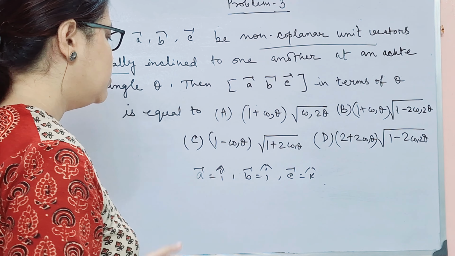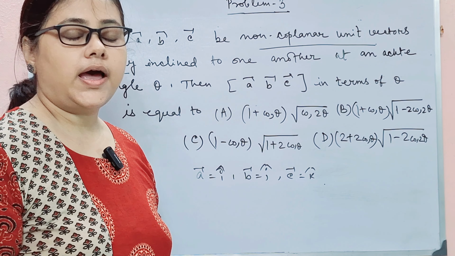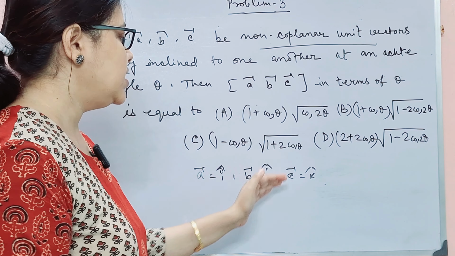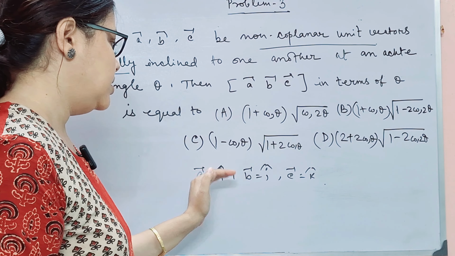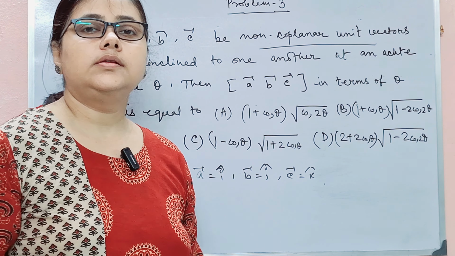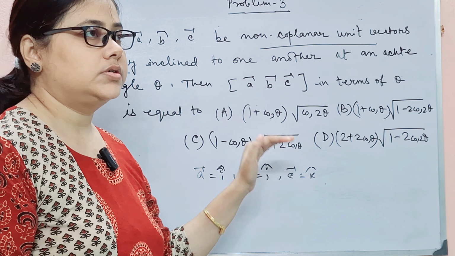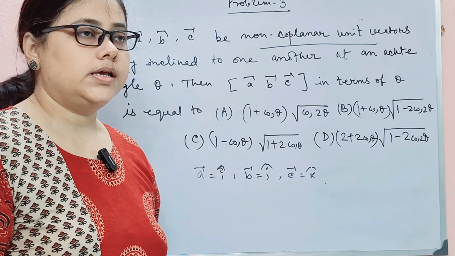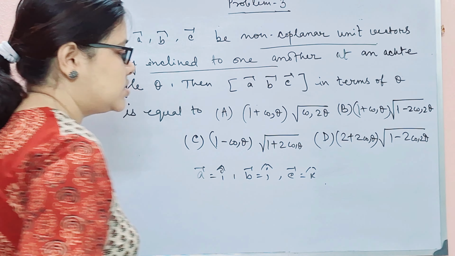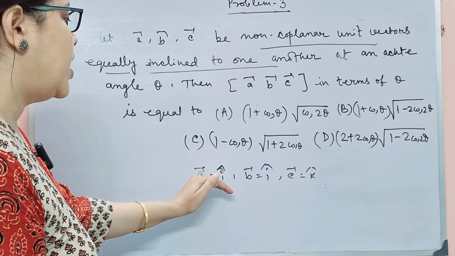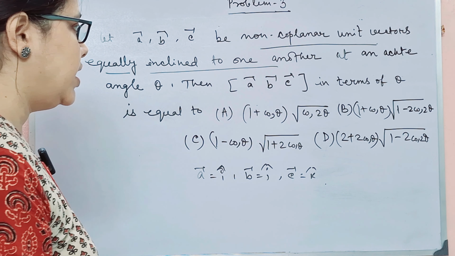We know that i is inclined to j at an angle of 90 degrees, j is inclined to k at 90 degrees, and k is inclined to i at 90 degrees. So the angle between any two vectors in that case is 90 degrees. So this condition is also satisfied. So I can put A equals i, B equals j and C equals k.